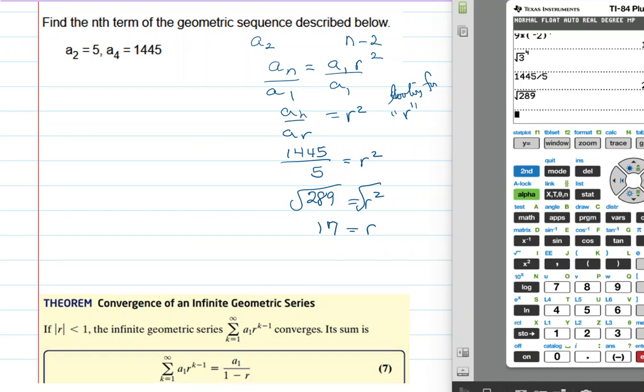Is everybody clear on that? So we got r. And we have a sub 1. So we're going to have it as n of 2. And there you have it. We had to put the 2 because we started with the second term. Is everybody good?